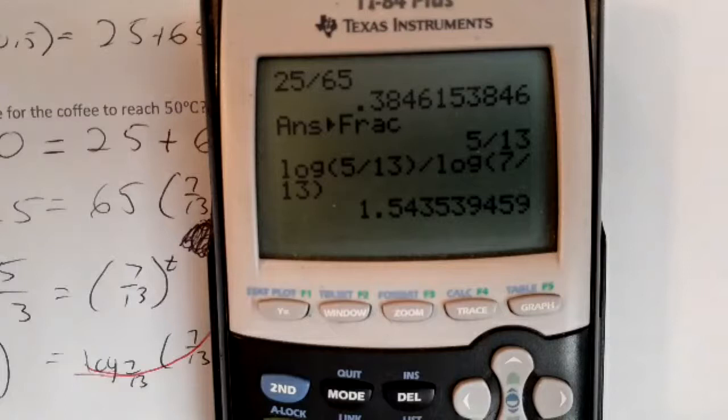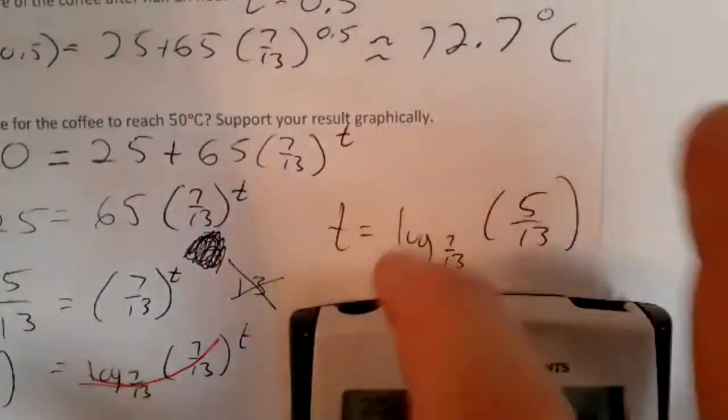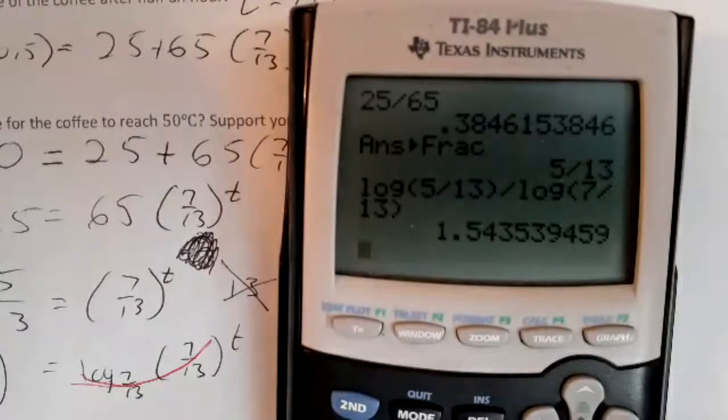There shouldn't be any kind of weird mode or anything. So you divide them. Yeah, it's the big log over the little log. Okay, right, the change of base formula. What about the one before that on B? Could you show me real quick how to do that on the calculator?